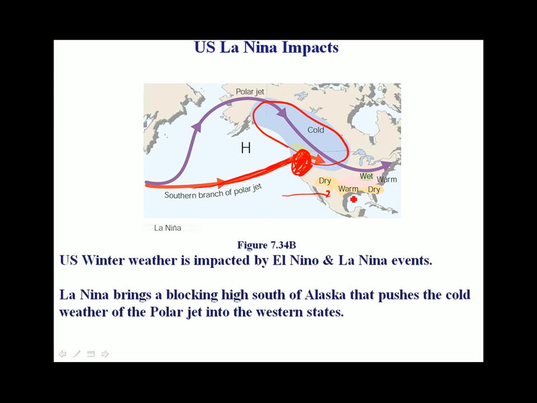And if you're sitting down in the Gulf Coast states, La Nina is pretty nice because you'll see dry, warm conditions. And the Ohio Valley shows a little bit of a wetter than normal area here. So stronger high pressure begins to move storm systems up and around the high pressure, and we begin to bring in stormy systems into the Pacific.